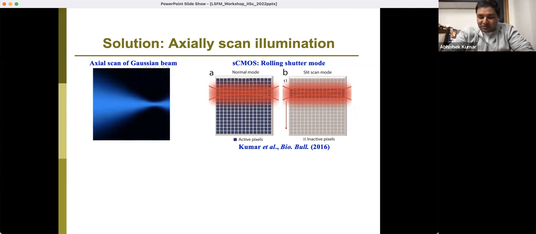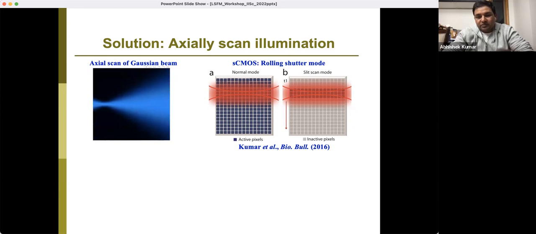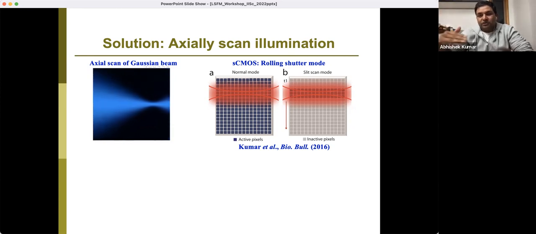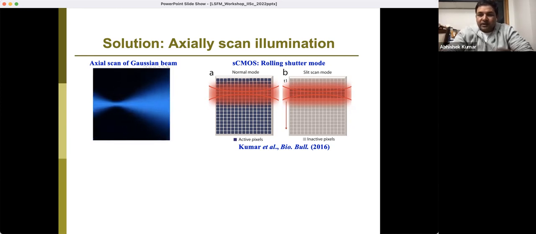So read a little about sCMOS architecture and electronics and how the different modes work. That will help you gauge, when using any system, what mode of acquisition is better suited for you. Thanks, that's a good question.